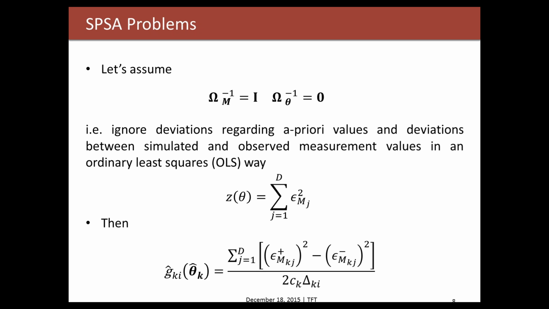And if we use this error function z, then you will see that if we use the formulation of the SPSA, this is the formula of the gradient approximation. And the important thing you have to note is that the numerator, so the top part of the equation, does not depend on i.